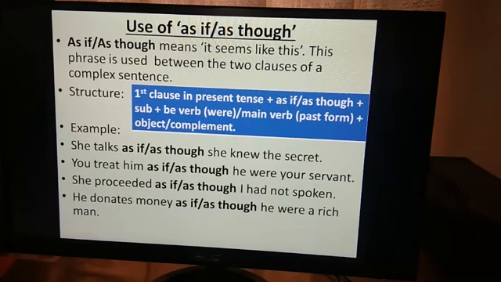So dear students, here comes the end of the slides we used for learning phrases. Now I will give some homework to you.